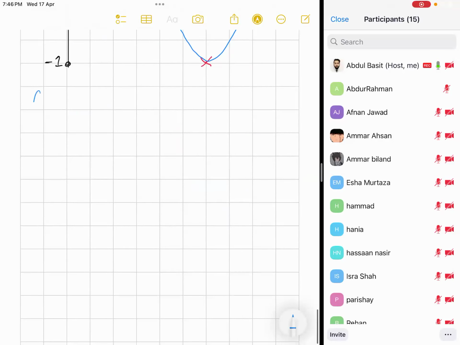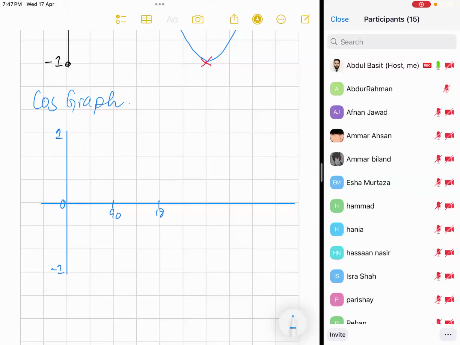Now we have to study the cos graph. Same graph with the same values: 0, 1, -1, and 90, 180, 270, 360. Check in calculator. Use your calculator with me.